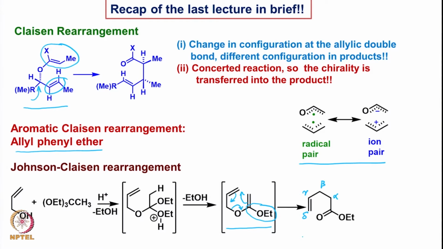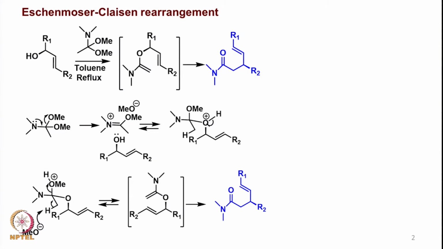Now towards the end we saw the Eschenmoser-Claisen rearrangement. This is the intermediate, which we can compare with the Johnson-Claisen rearrangement. The Johnson-Claisen intermediate was something of this sort, where we had the ethoxy group, and this led to the formation of the gamma, delta unsaturated ester, and for this purpose we used triethyl orthoacetate.